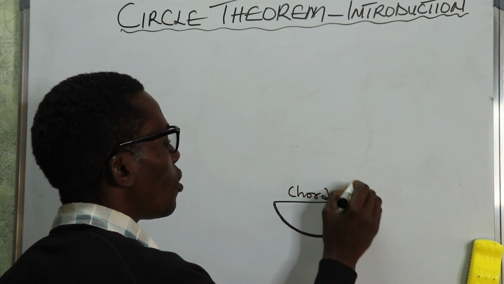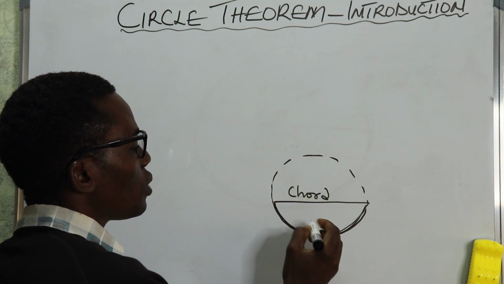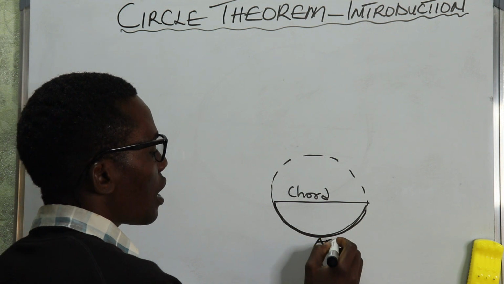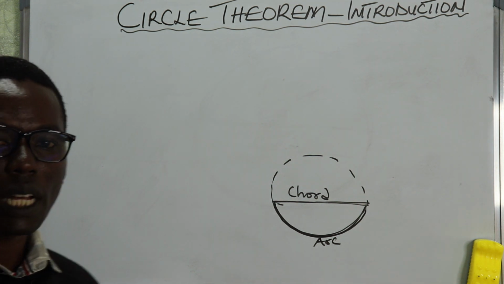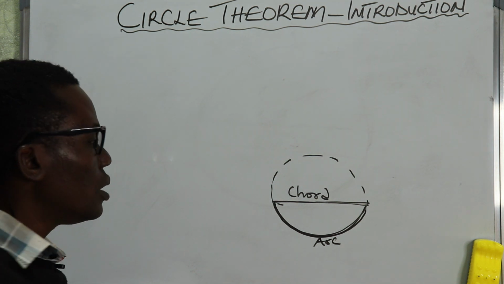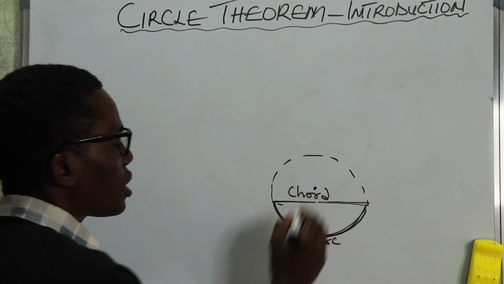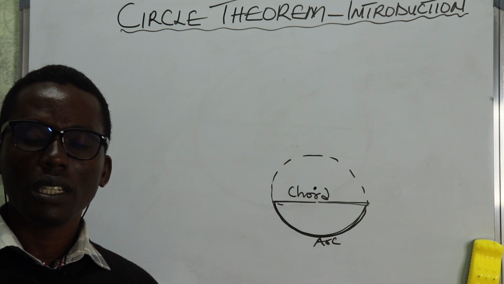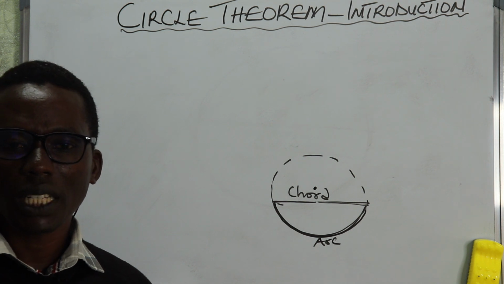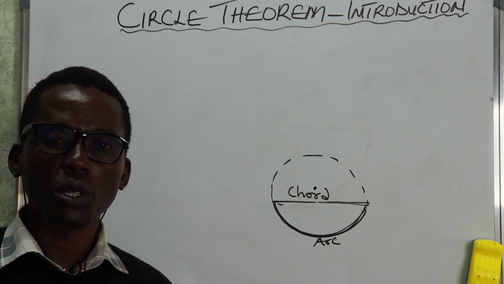So if this is a complete circle, this goes as the arc, while this is the chord of a circle. Now take note of that. Now this chord or this arc can sustain an angle at the center of any circle, whatever it is. We'll come to know more about that at the end of this video.